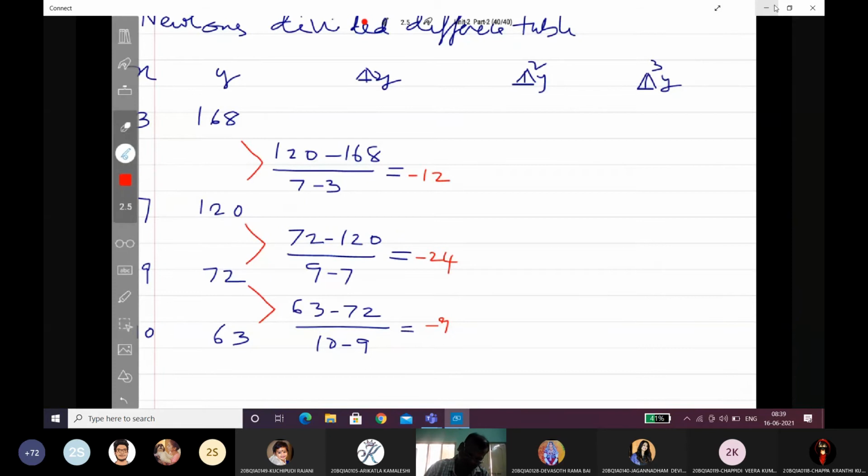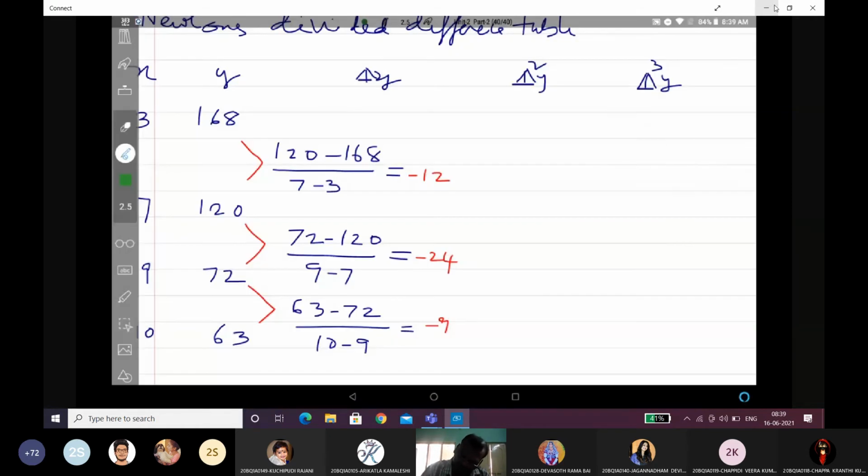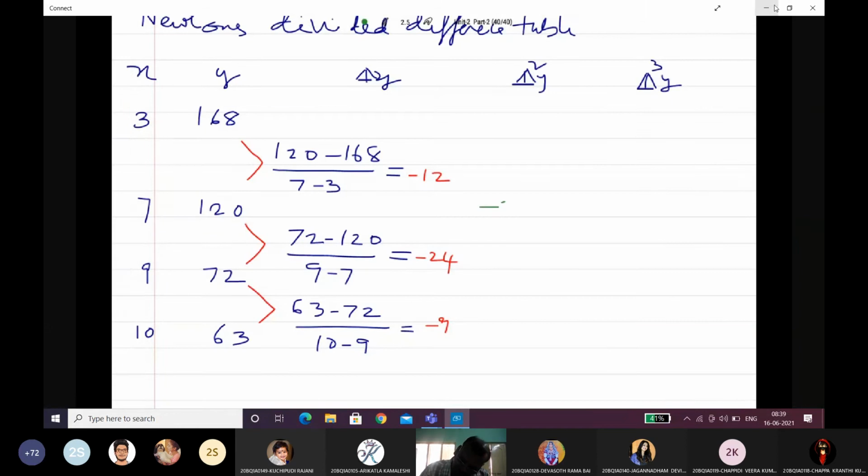You have to use a different color. -24 plus 12 by 9 minus 3; minus of minus is plus 12. Next: -9 plus 24 by 10 minus 7.